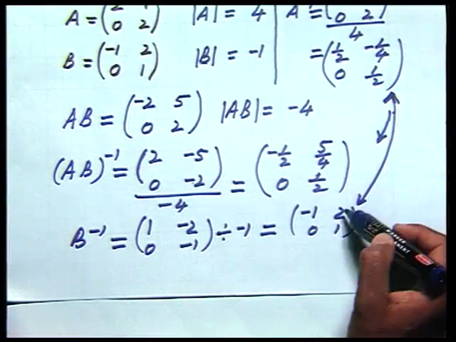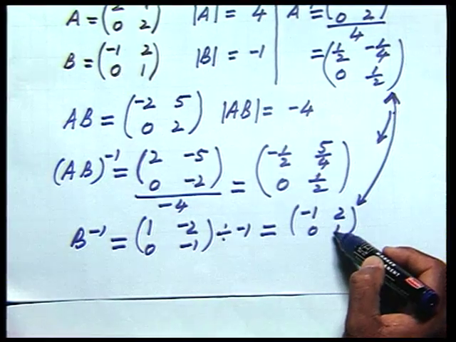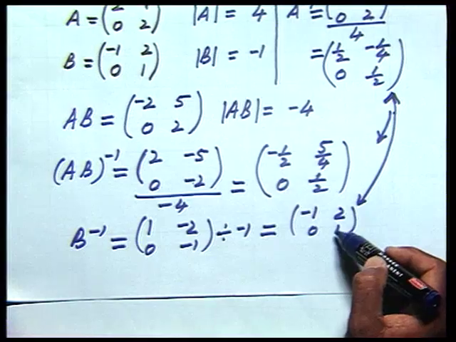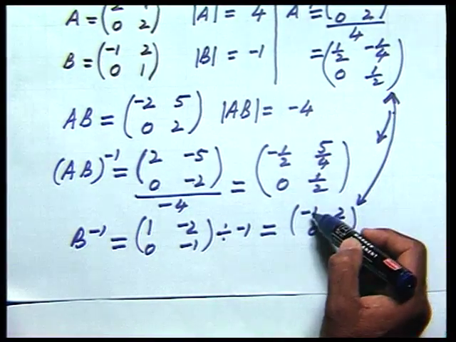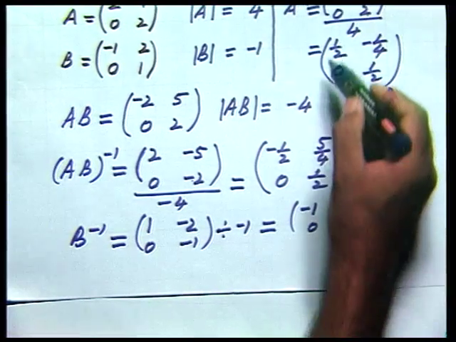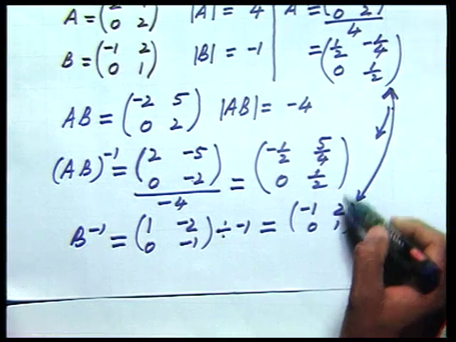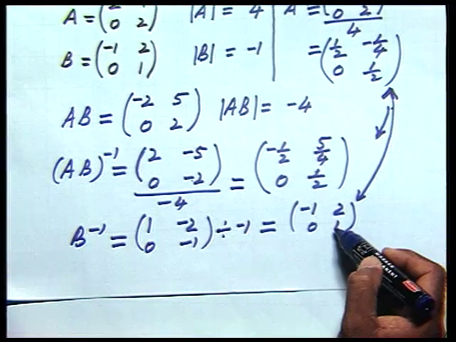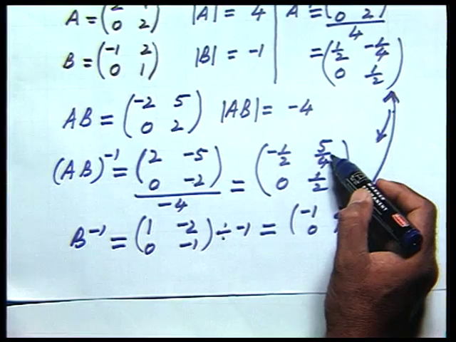So, 1 by 2 multiplied with 1 is 1, and then -1 by 4 with 1, this is -1 by 4. So, 1 minus 1 by 4 is not going to give you 5 by 4.